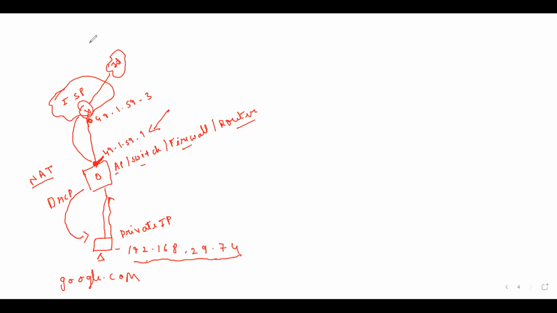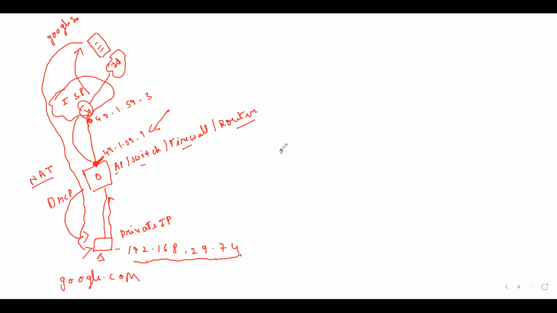In the internet, we have the Google server. So I sent a request to google.com, meaning the Google server. The request reached the Google server. Now the Google server will respond with the same process.